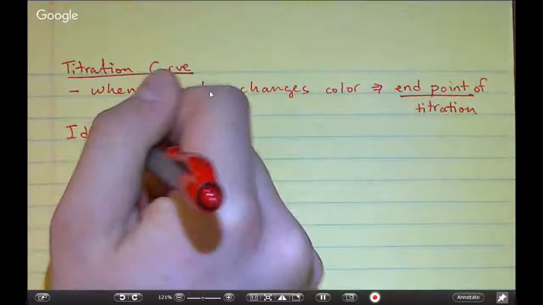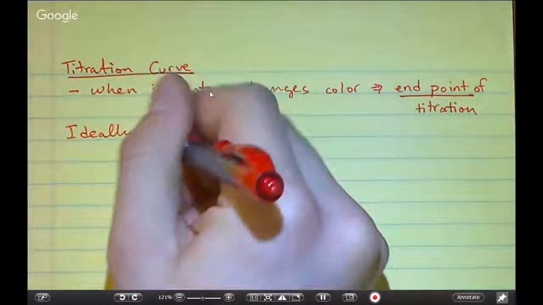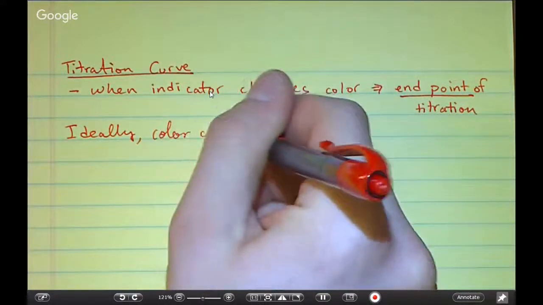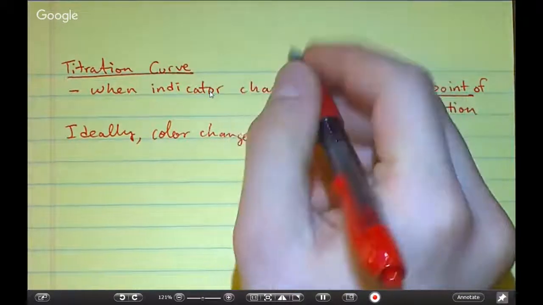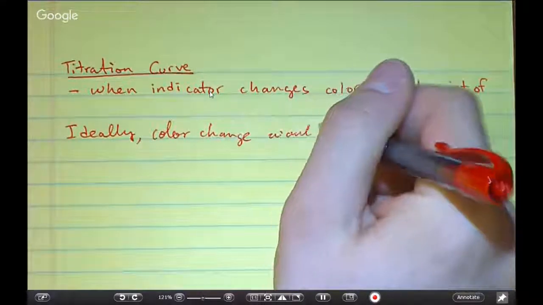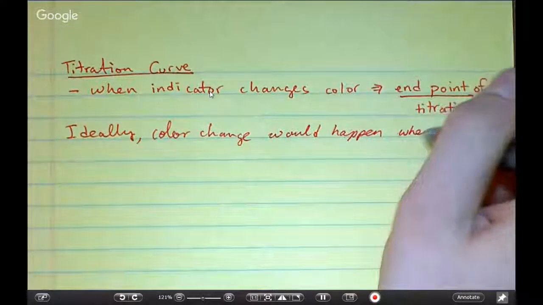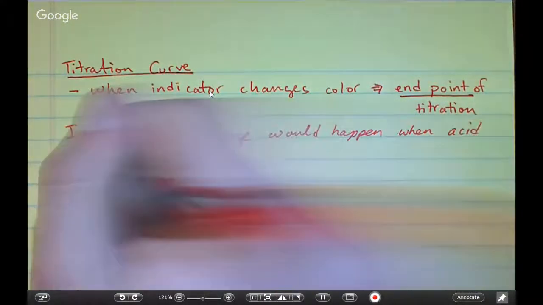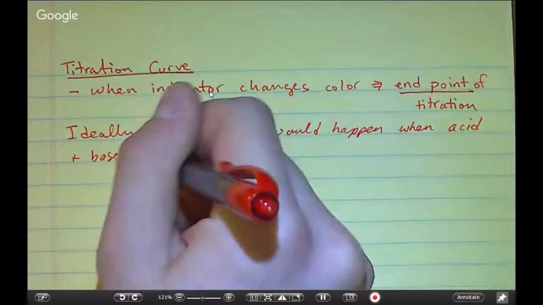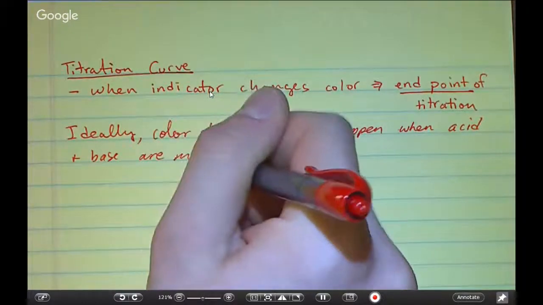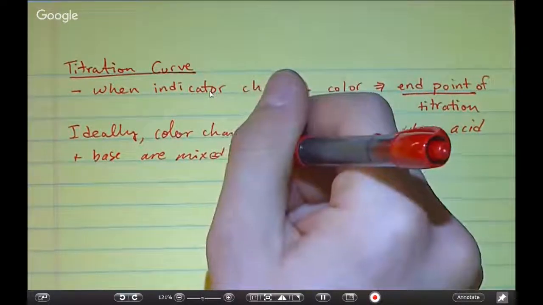Ideally, color change would happen when the acid and base are mixed in an exact equation proportion.